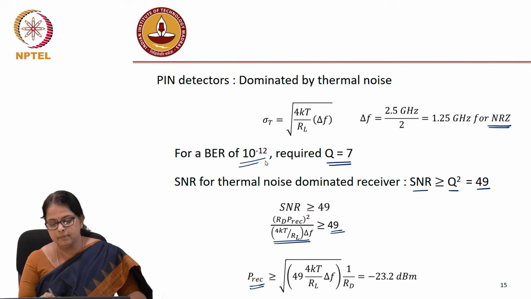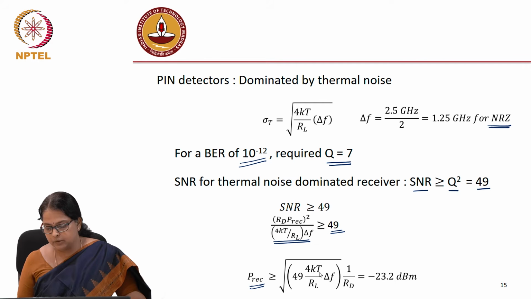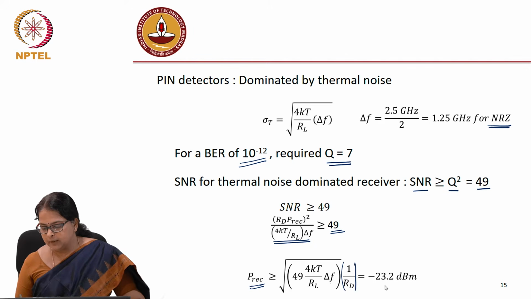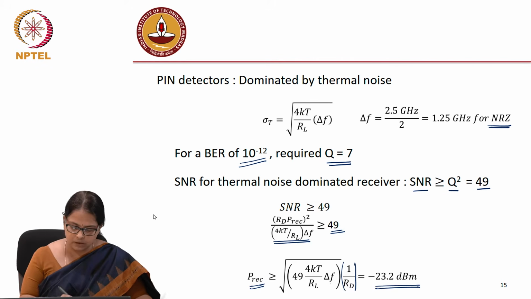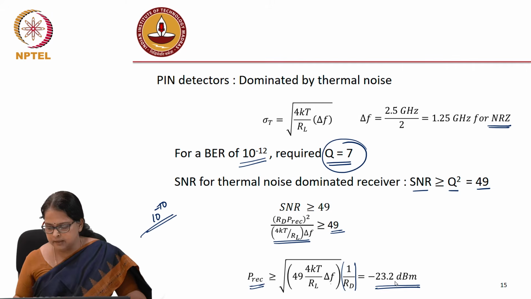For achieving a BER of 10^-12, you have this as square root of 49 times 4kT/RL times delta F, times 1/RD. This 1/RD should be outside this square root, right? So you calculate that, and that turns out to be -23.2 dBm. I think the question was for 10^-10, the receiver sensitivity is -23.2.